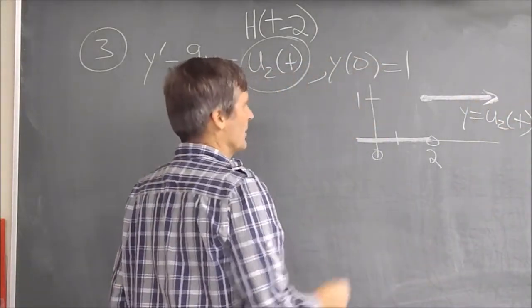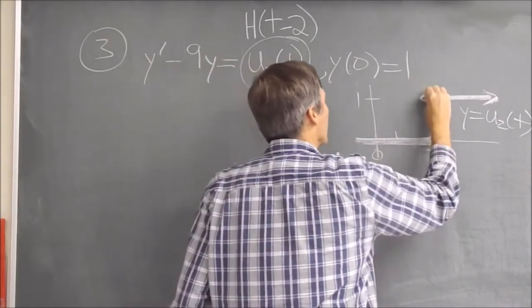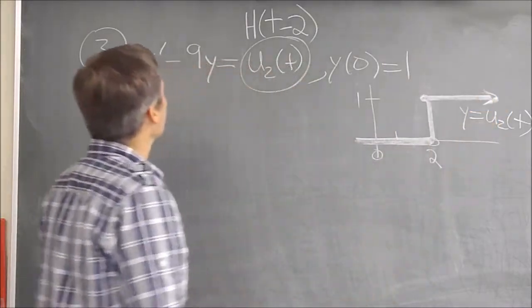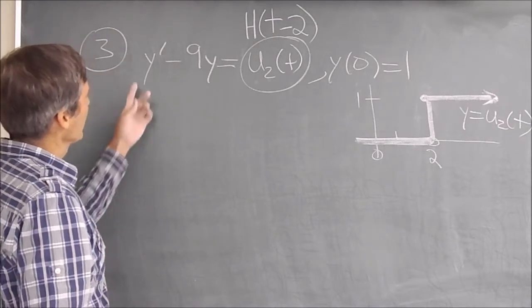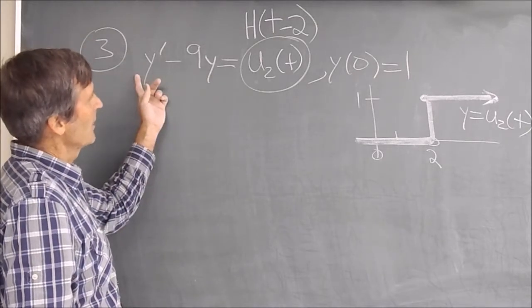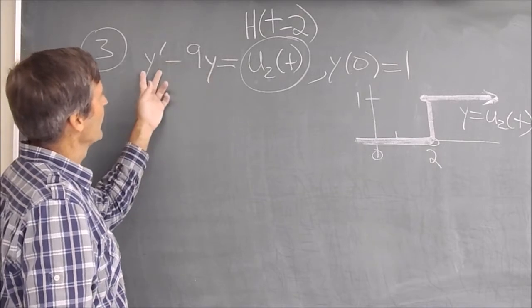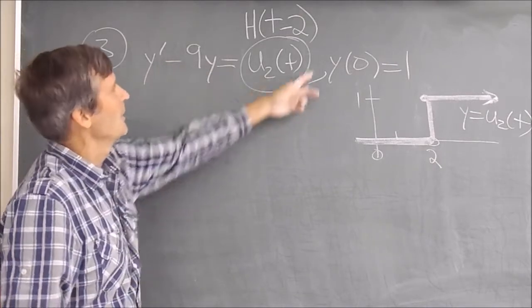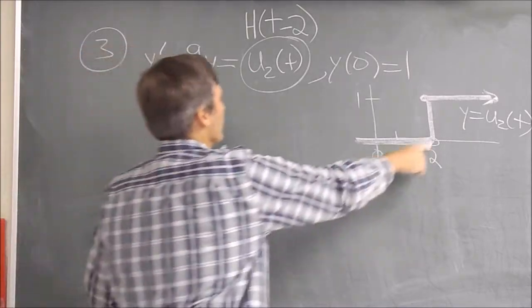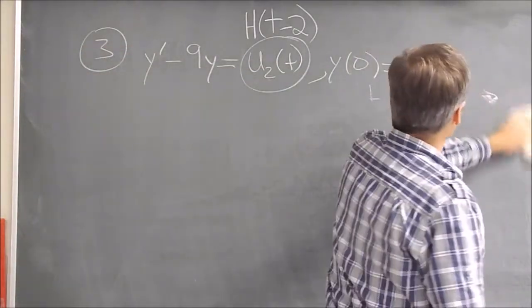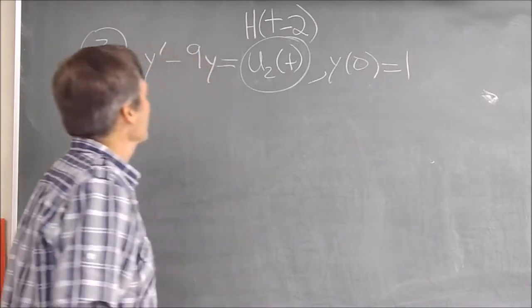And engineers draw it like this, meaning the same thing. If we want to solve this differential equation where maybe you have a circuit and at time t equals 2 you suddenly apply a voltage, you get a unit jump in voltage from 0. What is the solution to this?